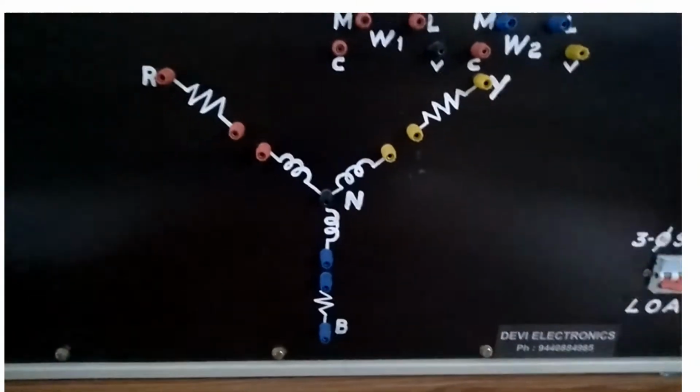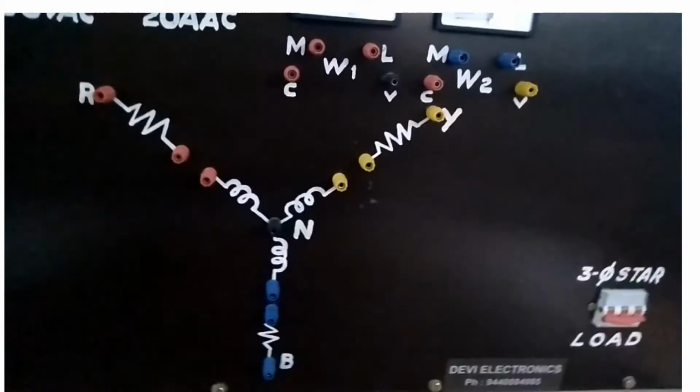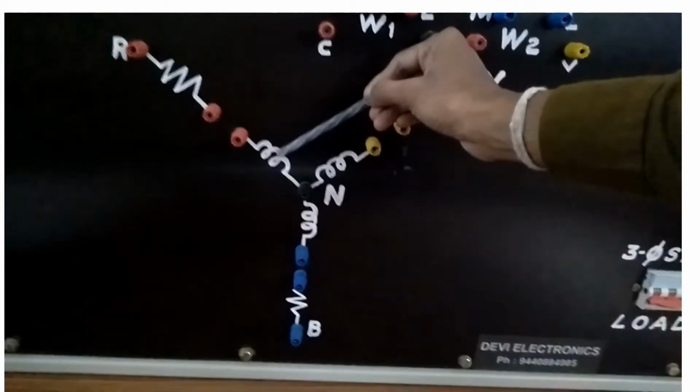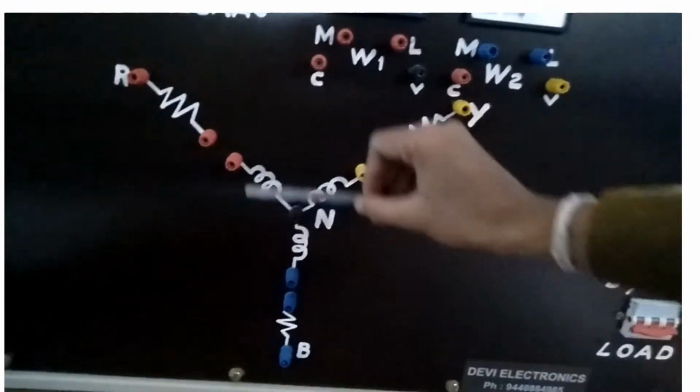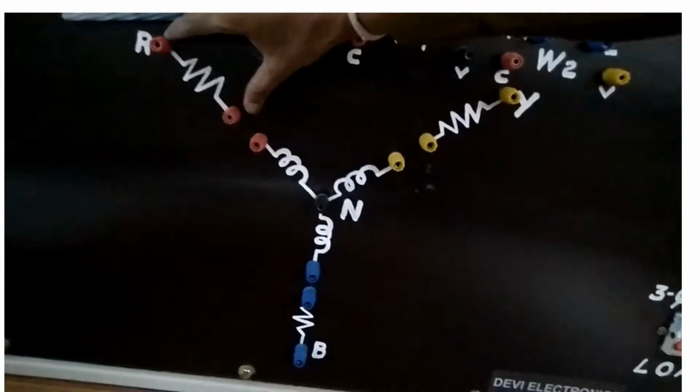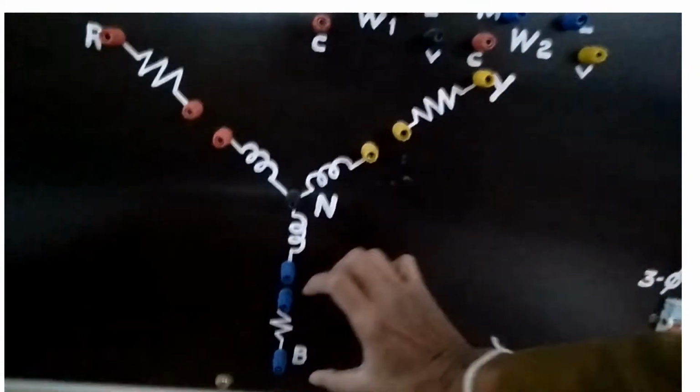Here first we will see the star connected load. This star connected load has the R load as well as the inductor, but for active power measurement we are going to use only the R load, that means these three components.